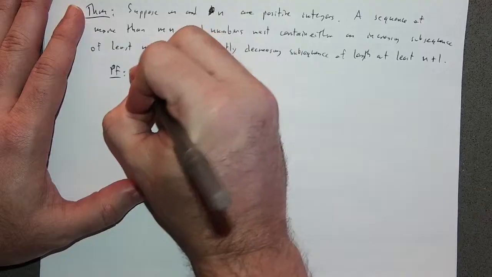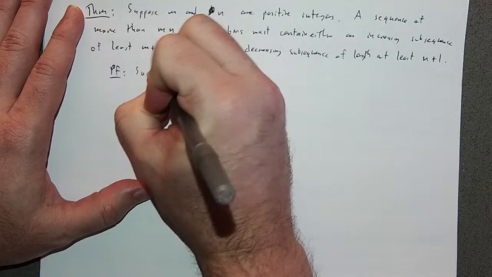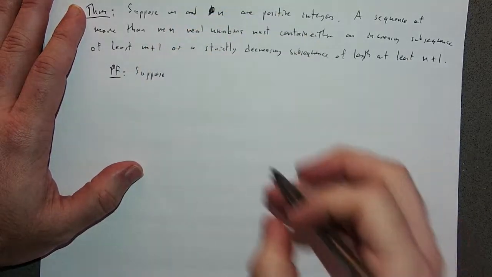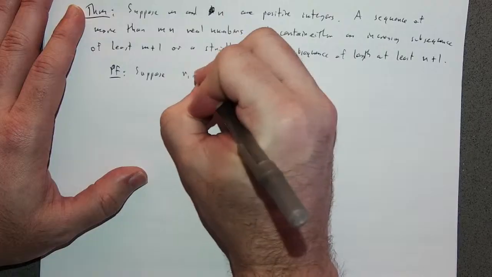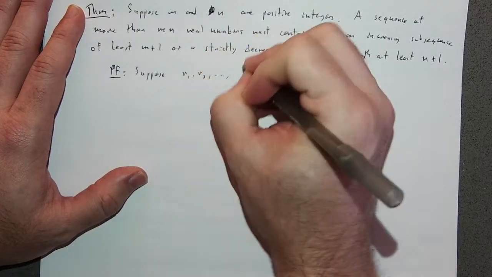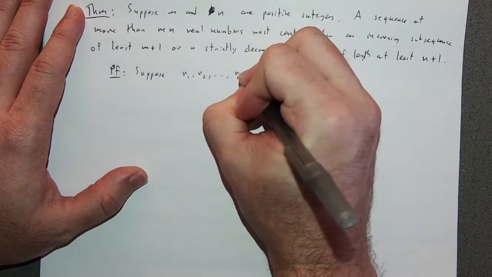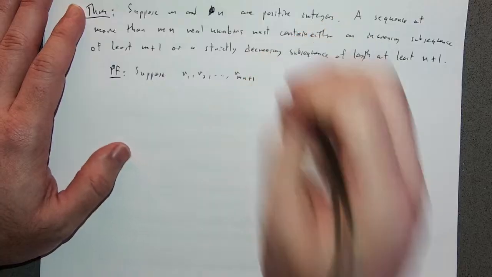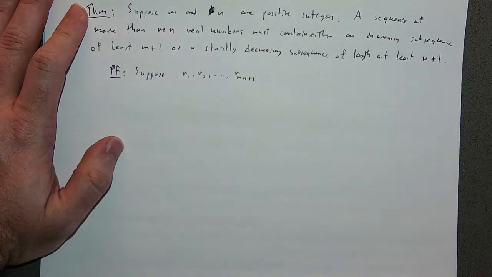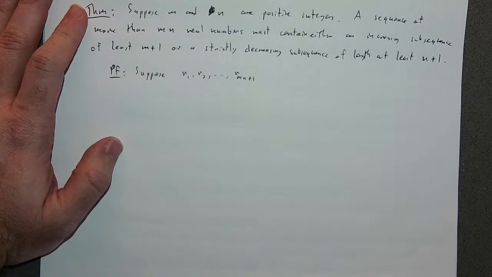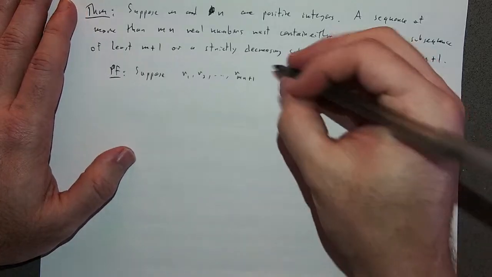Suppose r1, r2, and so on up to r sub mn plus 1 is a sequence of real numbers which contains neither an increasing subsequence of length m plus 1 nor a strictly decreasing subsequence of length n plus 1.